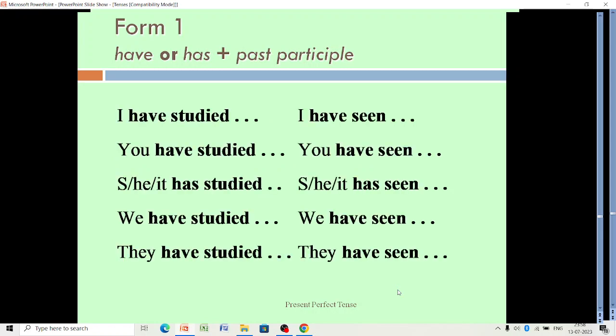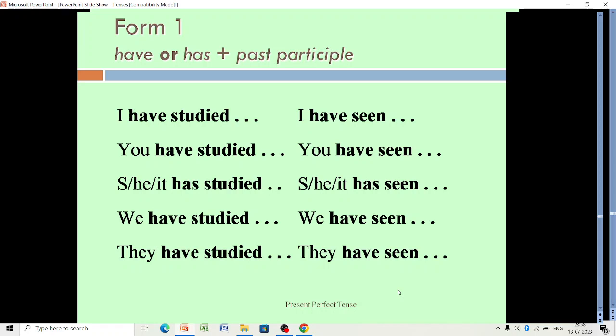So form 1. Has or have, and then the past participle form of the verb. I have studied, you have studied, he, she, it has studied. We have studied. They have studied.